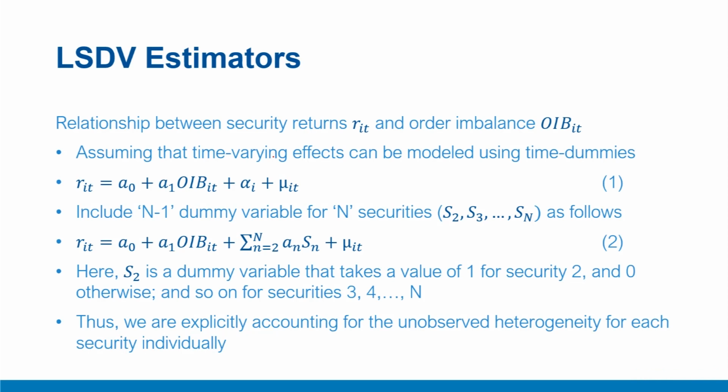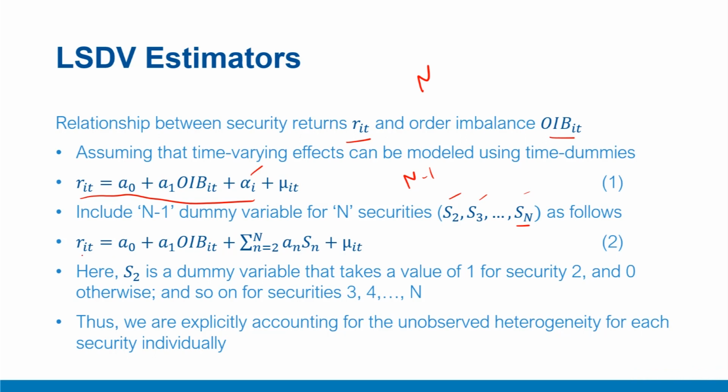Recall our early example of return being regressed on order imbalance with a formal model like this, where alpha is the unobserved heterogeneity which we did not account for specifically in the model. Now, as per the dummy approach, let's say there are n securities, S1, S2, S3 and up till Sn. So we can use n minus 1 dummy variables like S2, S3 and so on up till Sn.